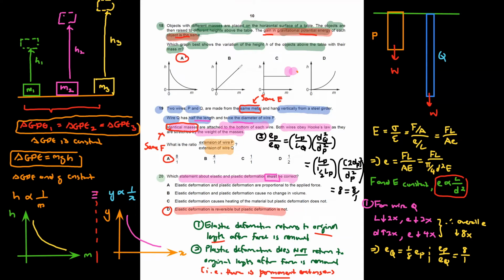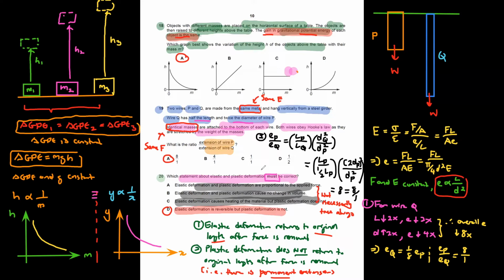For the answer choices A, B, C here: elastic deformation and plastic deformation are proportional to applied force. Elastic deformation and plastic deformation cause no change in volume. Then elastic deformation causes heating of material, but plastic deformation does not. This one is not necessarily true always.